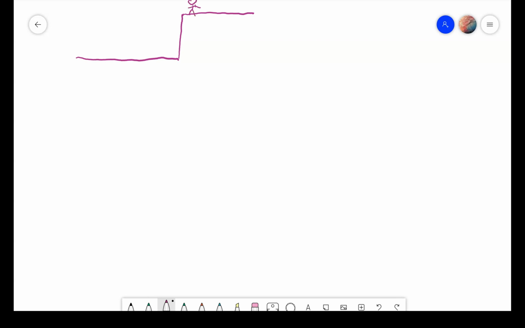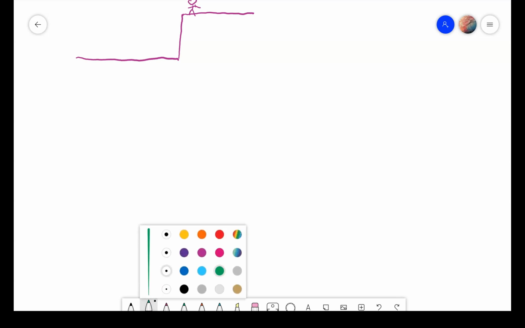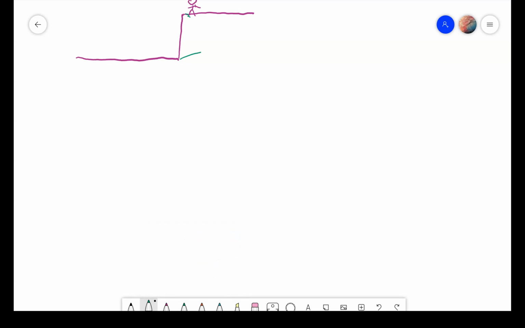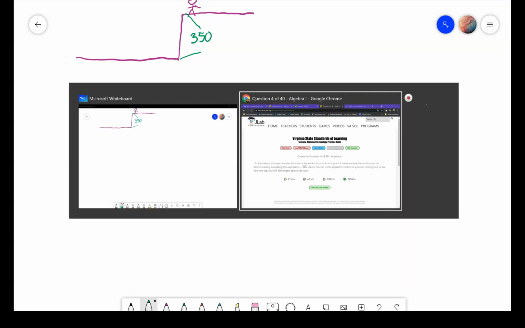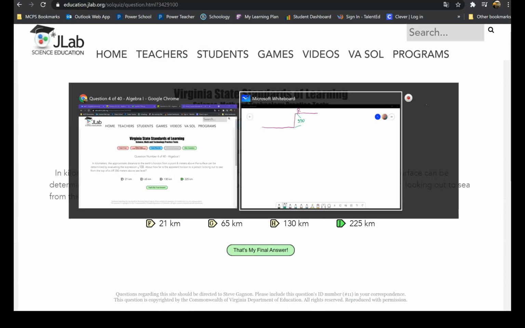And there's our person. Although I think the top of their head's getting cut off by my screen. Okay, but anyway, regardless. So from here to here is 350 meters.